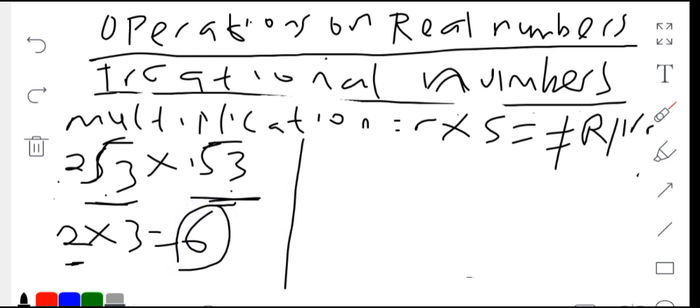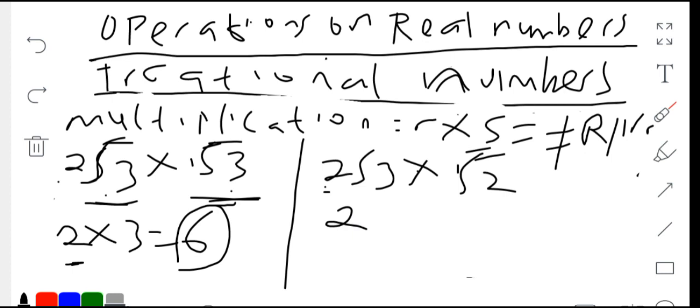Let's look at another example, this time multiplication that gives us an irrational number. So let's say we're having 2 square root 3 times square root 2. In this kind of situation, the 2 times 1 gives us 2. Here now we are having square root 3 and square root 2.